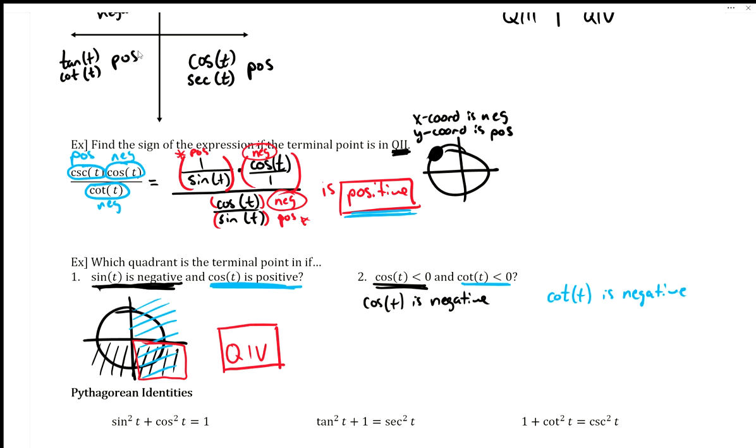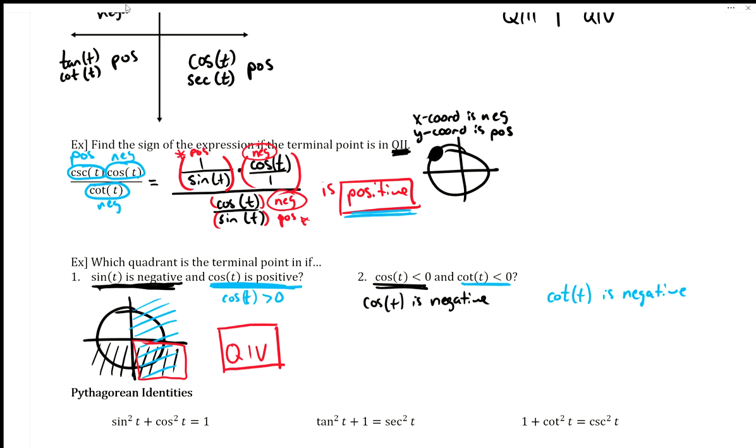Okay, so if something's less than 0, it's negative. If something's greater than 0, it'd be positive. Okay, so that's how we can break that down just if we wanted to. And we could work with number 1 in the same way if we wanted to use symbols instead. Okay, so like just to mark just the cosine. So this is the same as that. Cosine of t is greater than 0.